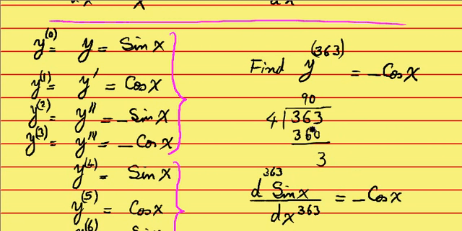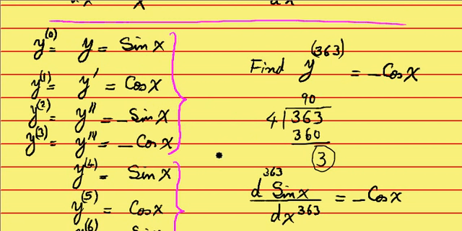So in all these cyclic phenomena, we divide by the length of the cycle. Length of the cycle is how many times it takes before you repeat yourself. Find out what is the remainder. We start with that and use that as our exponent.